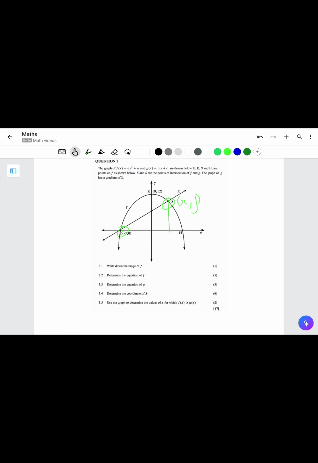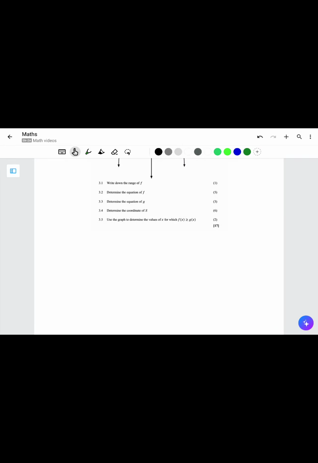So what is that going to look like, guys? As an answer, we're going to say that negative 3 is less than or equal to x, and x is less than or equal to 3 over 2. And that is it for question 3, guys.